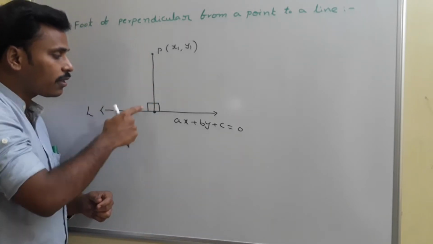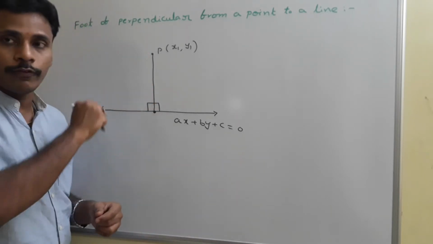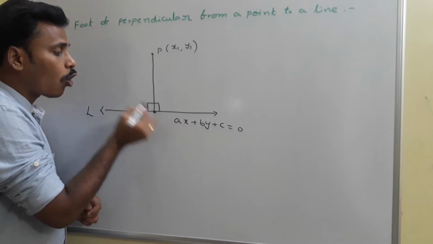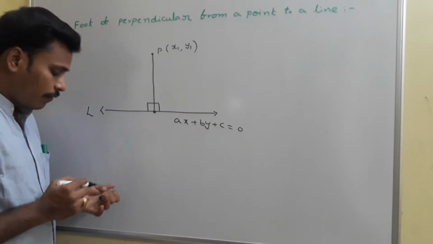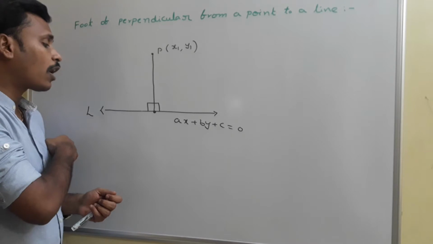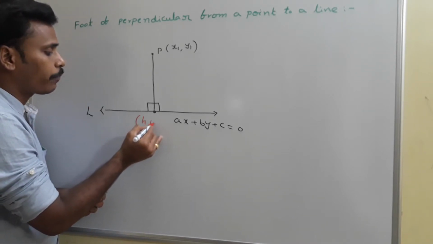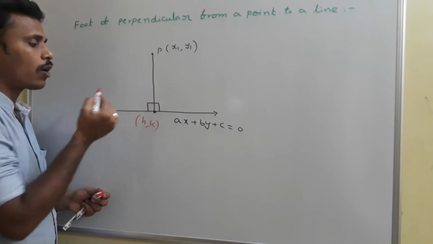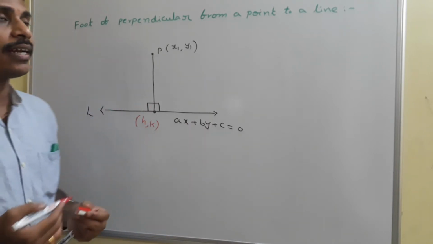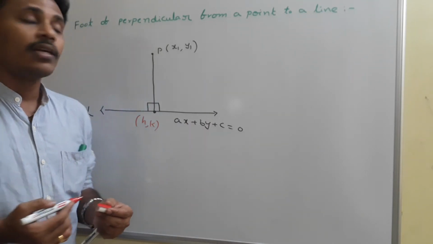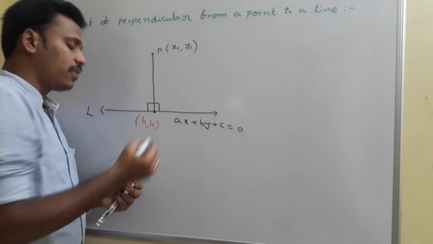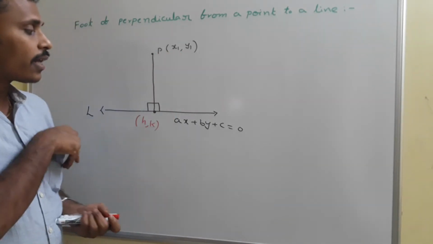So this is the perpendicular and this is its foot, and we need to find the coordinates of this particular point. Suppose the coordinates of that point are (h, k). Initially I don't know the coordinates of that point, so we just let it be (h, k). This (x1, y1) is the given point, and the line is also given.